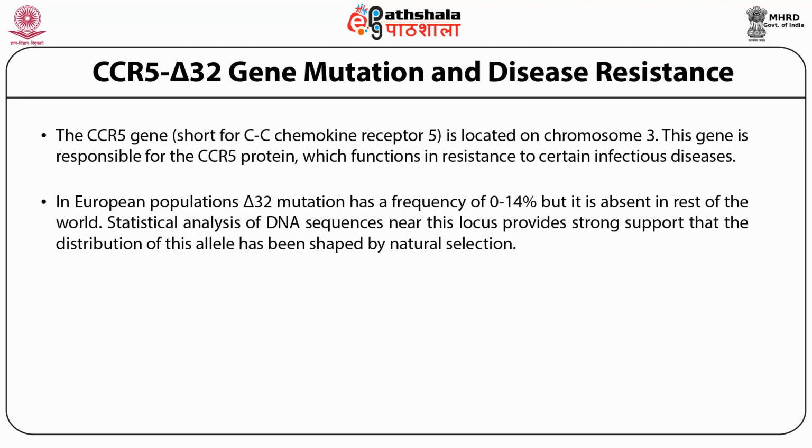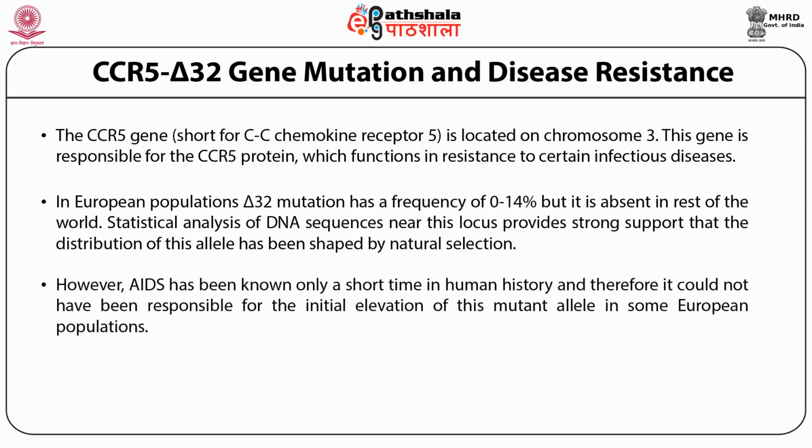Statistical analysis of DNA sequence near this locus provides strong support that the distribution of this allele has been shaped by natural selection. Heterozygotes with one CCR5 delta 32 allele show partial resistance to HIV, and homozygotes show almost complete resistance to AIDS.